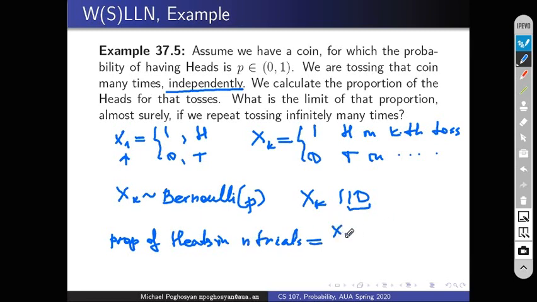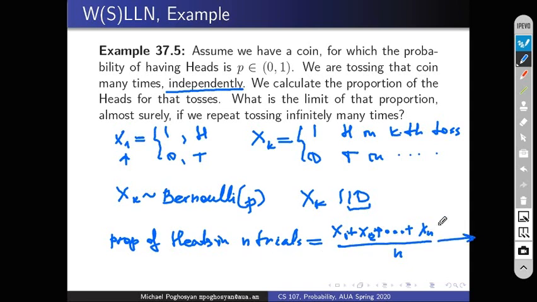And that number of heads is just this sum over n. So I will have either 1 or 0. The number 1 shows that I have heads, so the number of ones shows how many heads I have in those n tosses. So this gives the ratio of the number of successes over n. This is the proportion of heads in n trials.